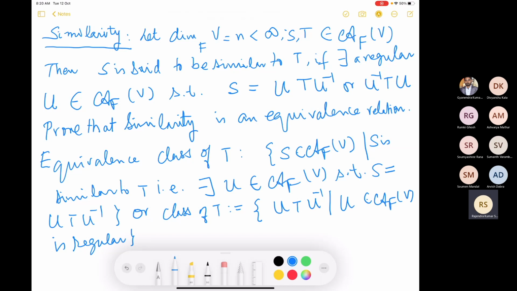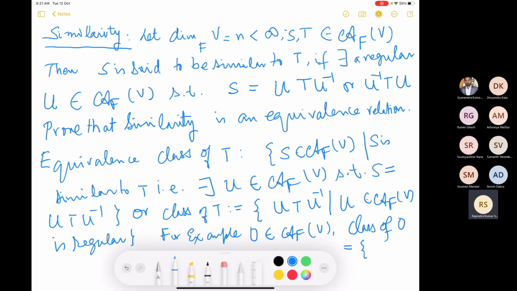So it is the set which consists of linear transformations, say UTU inverse, where U is regular. Then this is the equivalence class of T. So, for example, if 0 is the linear transformation here in A(F,V), the class of the 0 linear transformation will consist of what?